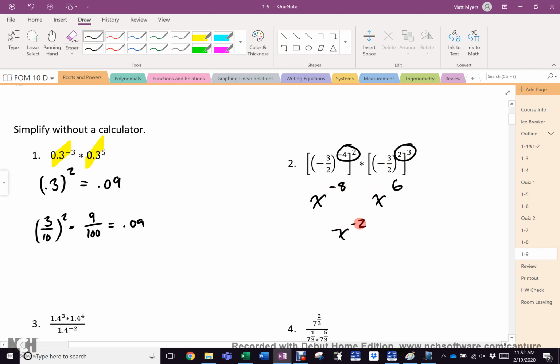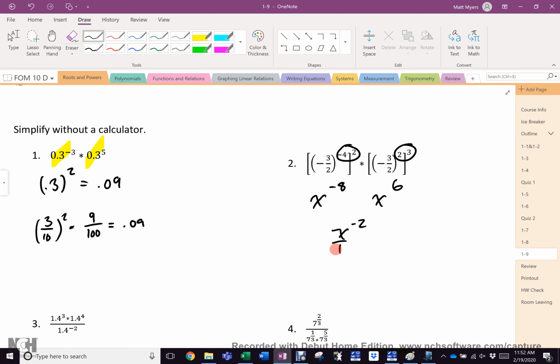What does a negative exponent do to its base? That's how we write it. What is actually happening? This is x over 1, isn't it? So what does that negative exponent do to the base? You flip it over.